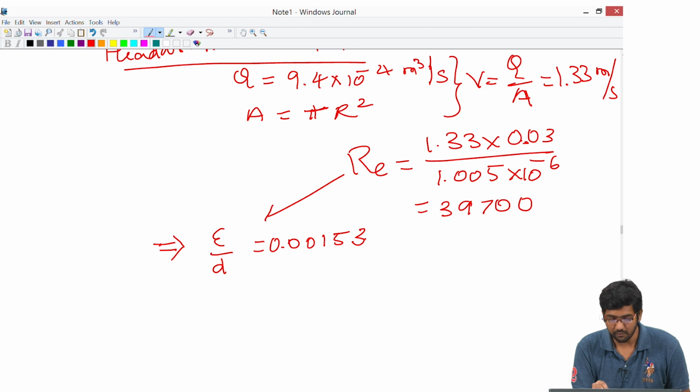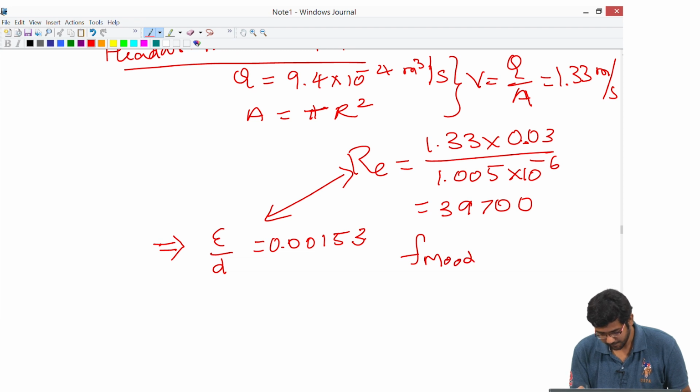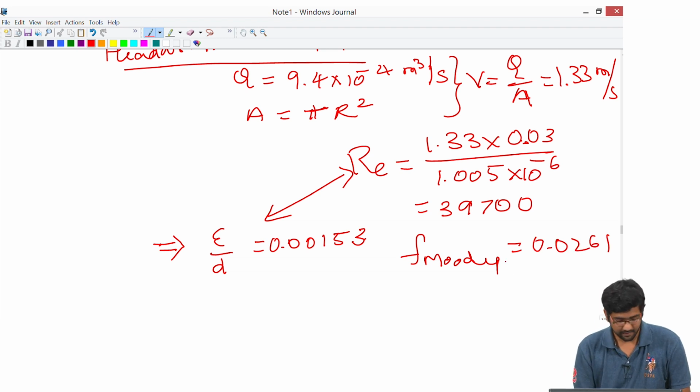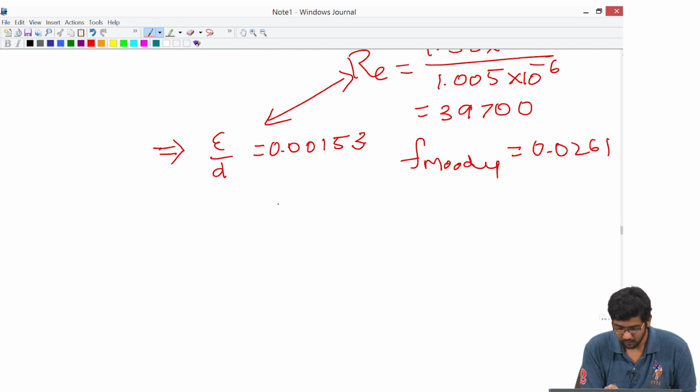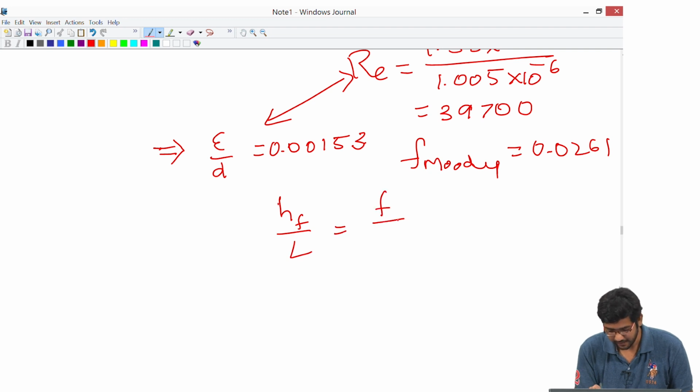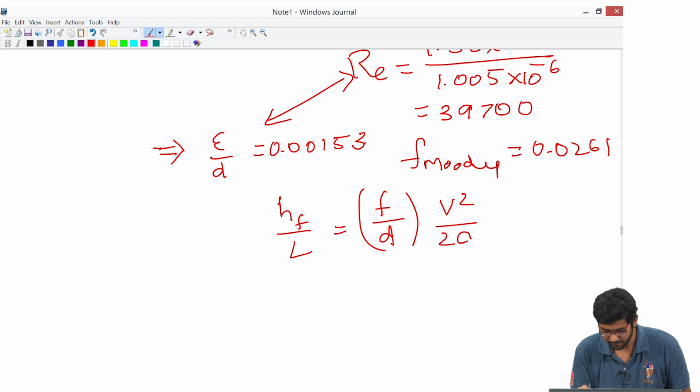Using both of these, one can calculate the friction factor from the Moody chart, which is 0.0261, and from this one can calculate the head loss using Hf by L is nothing but f by D into V square by 2g.